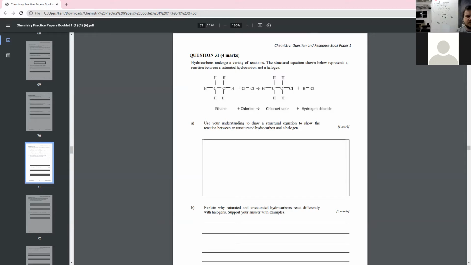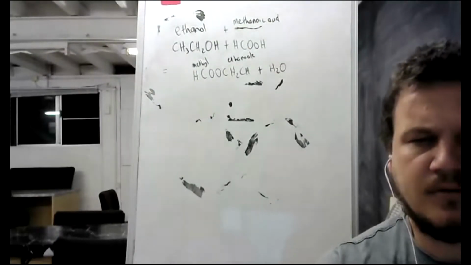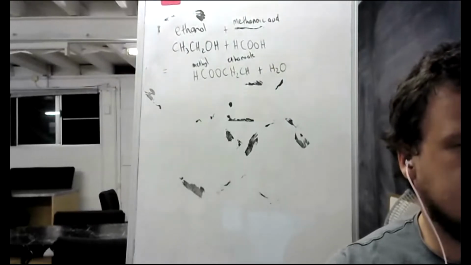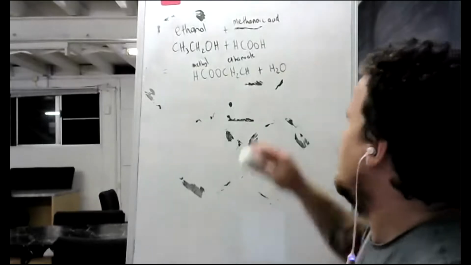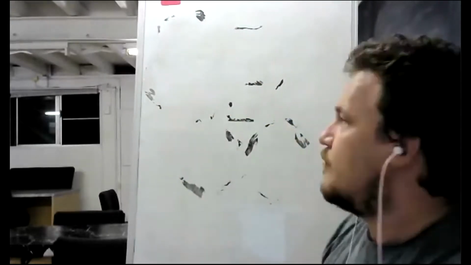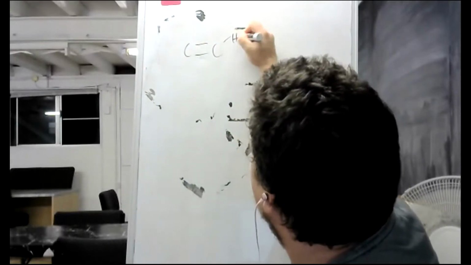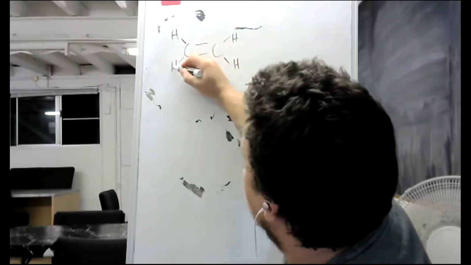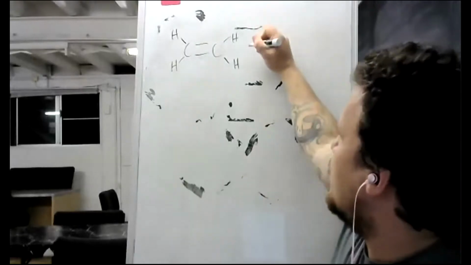Okay, so we have an unsaturated hydrocarbon, ethene. We add our chlorine.